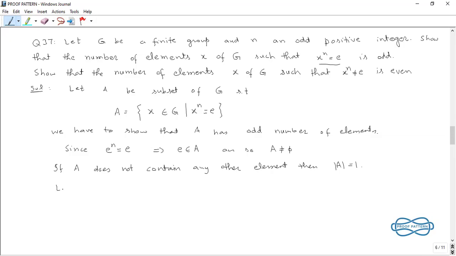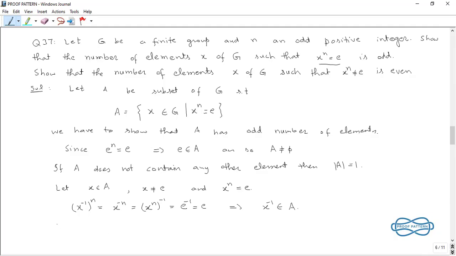But if x belongs to A such that x is non-identity and x raised to the power n is identity, then also x inverse to the power n, which is x to the power minus n, is equal to x raised to the power n, to the power minus 1. So, because x^n is E, its inverse is E. This means x inverse also belongs to A. It means whenever a non-identity element x belongs to A, then x inverse also belongs to A.